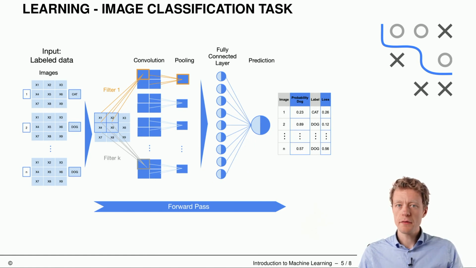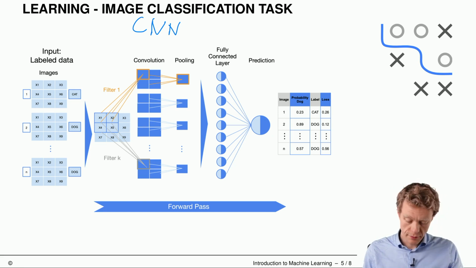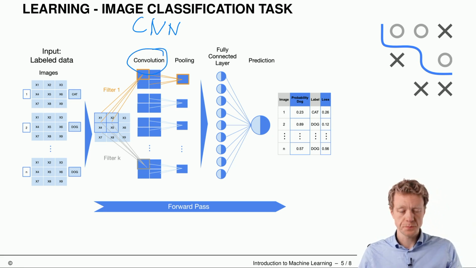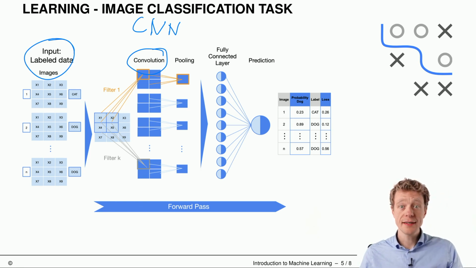Here is another neural network architecture which is used for image classification. Let me first very briefly explain how image classification works in a neural network, or in this convolutional neural network, CNN, because we have these convolutional layers here. Input are labeled data, images. So how are images represented in a computer?